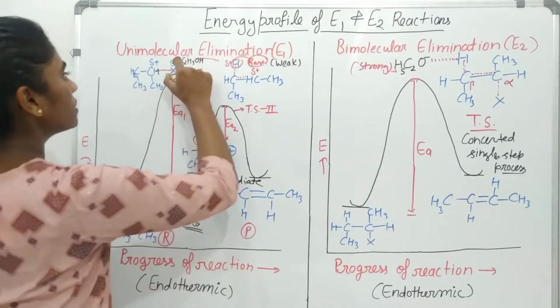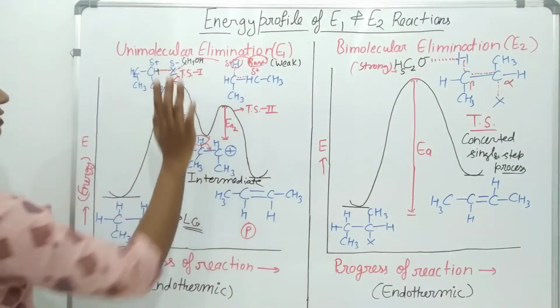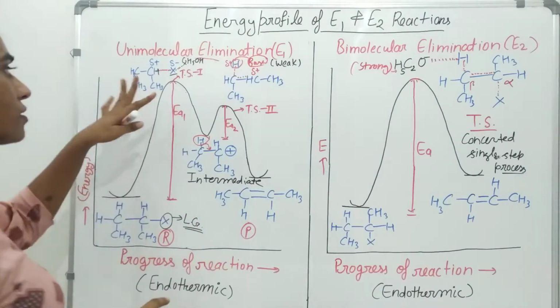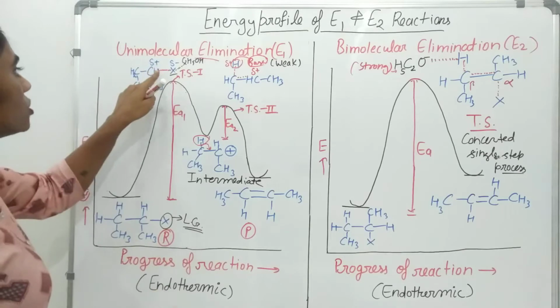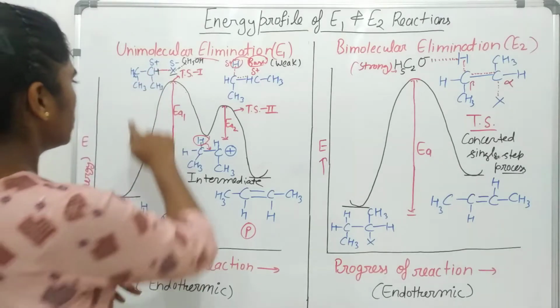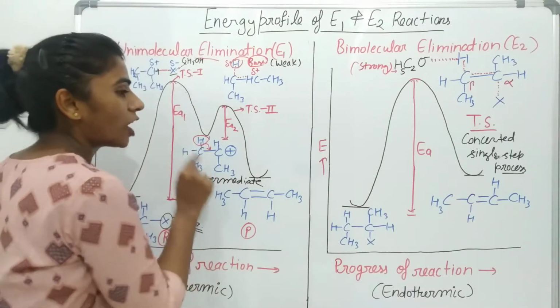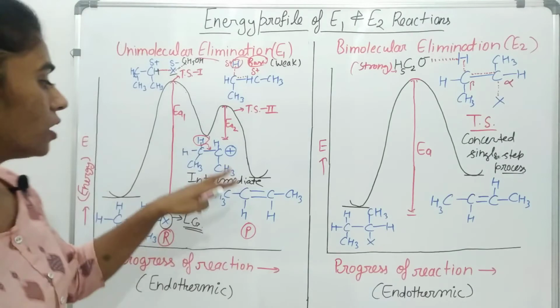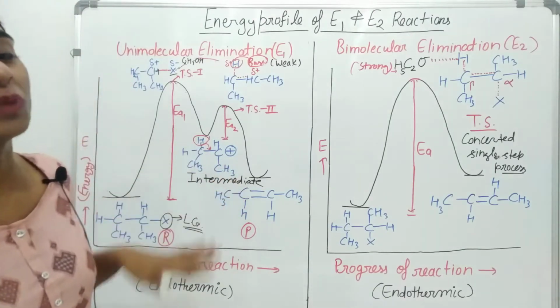They are helping this leaving group to get removed from this carbon, or you can say from this substrate. So in transition state first, this bond is becoming weaker. Now in the first step, what is formed? This carbocation is formed in this first step, which is known as the intermediate.